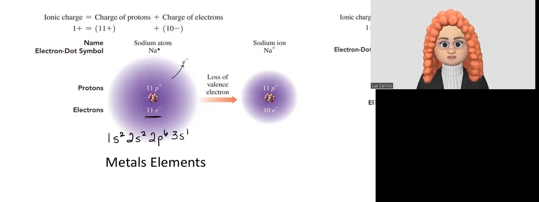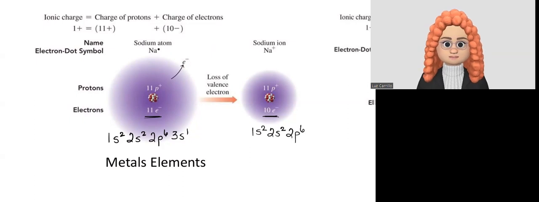So it goes from the sodium atom, which you can see here, the Lewis structure for it, and then that is going to turn into the sodium ion, where it's forming a cation. When that occurs, sodium now has specifically 10 electrons, and those 10 electrons are going to have the electron configuration 1s2, 2s2, 2p6 overall.